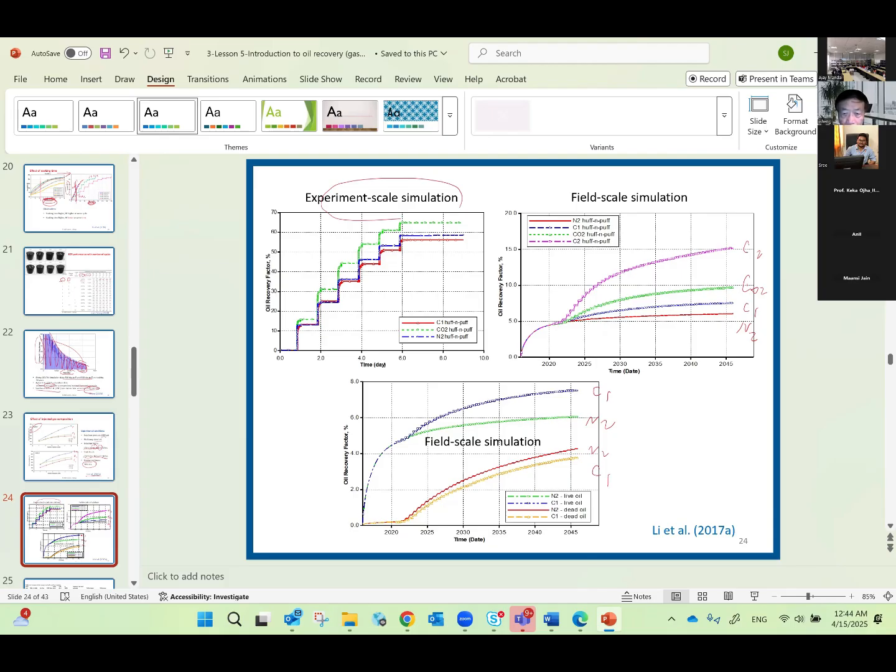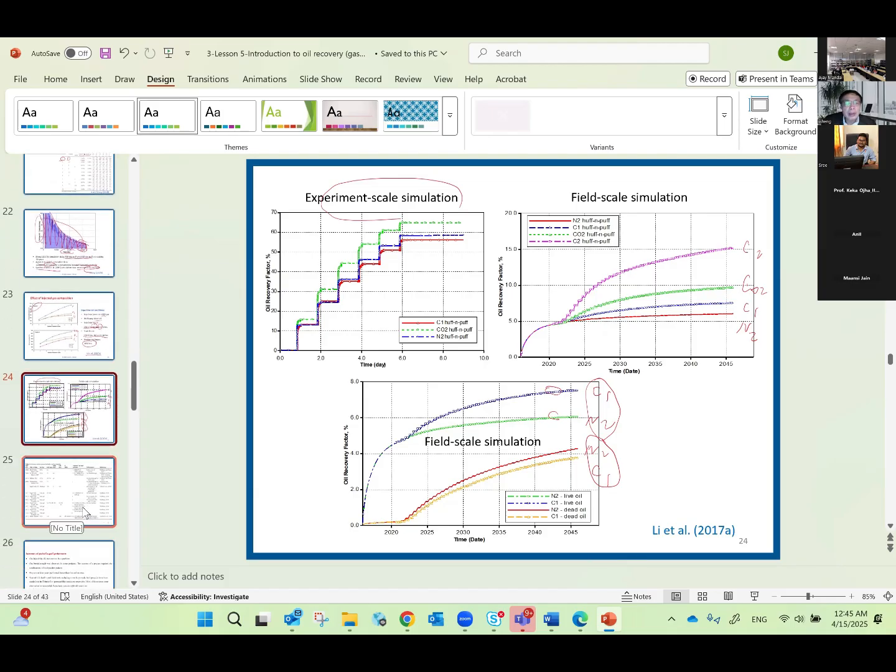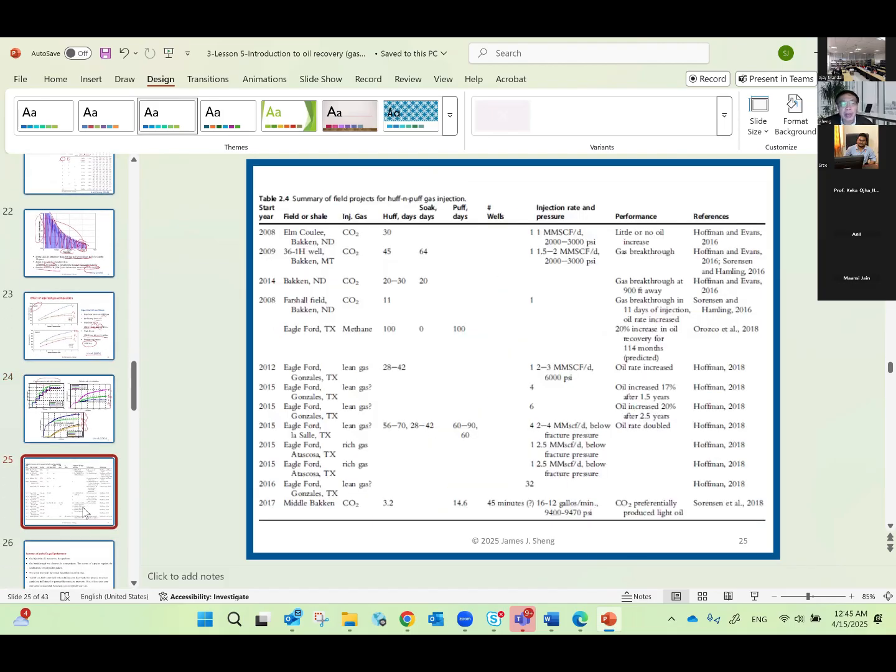So it basically is a different field, compared to C1 and nitrogen, and you see, even with a different field model, you get different results. So in other words, for C1, C2, there's no general universal conclusion to say which is better. But it looks like CO2 is better than either of them. Yeah. So that is the effect of gas.